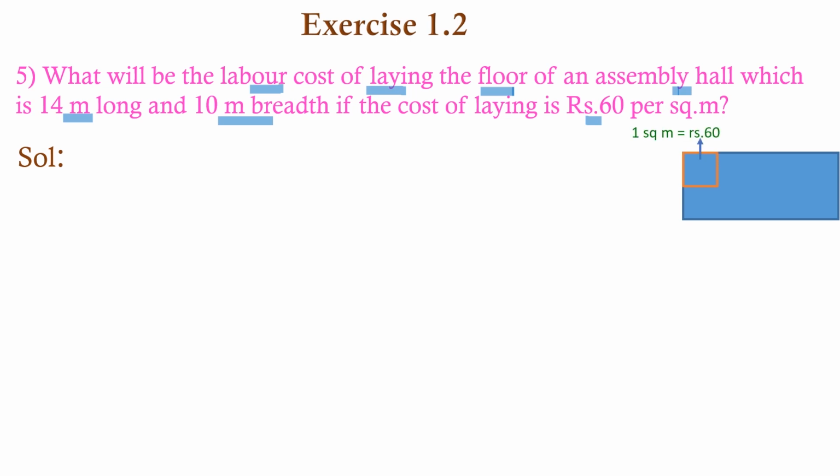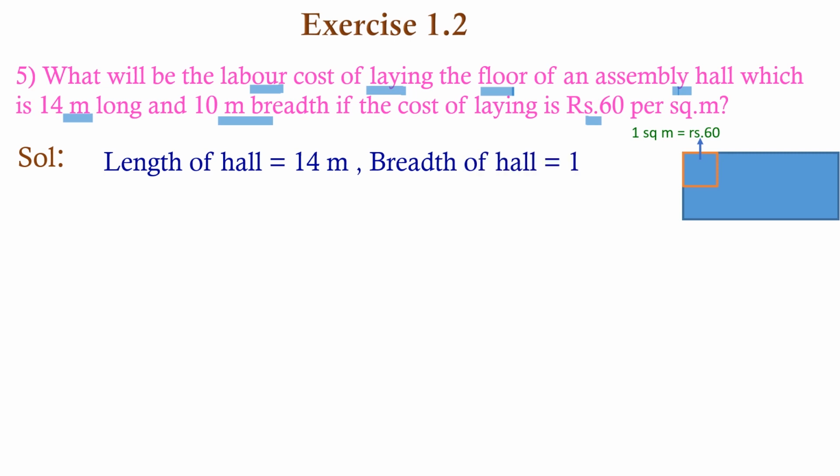And we have to find out the total labor cost of laying the whole floor in that hall. To find out that one, first write down what are the measurements given in the question. So length of hall equal to 14 meter and breadth of hall equal to 10 meter.